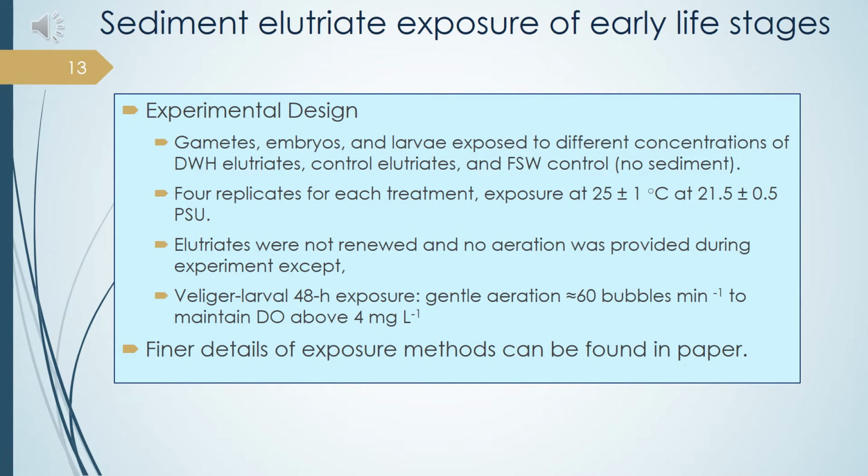The elutriates were not renewed, and no aeration was provided during the experiment except for the veliger larvae, which were exposed for 48 hours, and so they received a gentle aeration of about 60 bubbles per minute to maintain DO, which is dissolved oxygen, above 4 milligrams per liter.